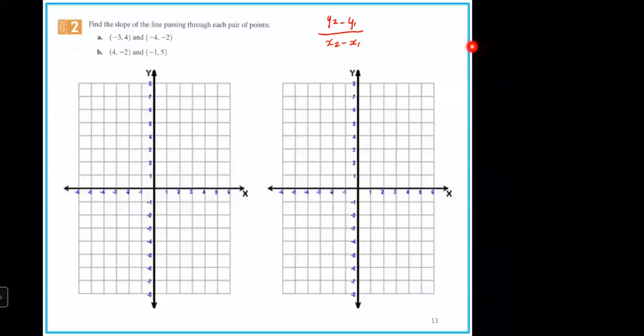Okay, we should be finished at least with the slope. Let me see who I have here now.